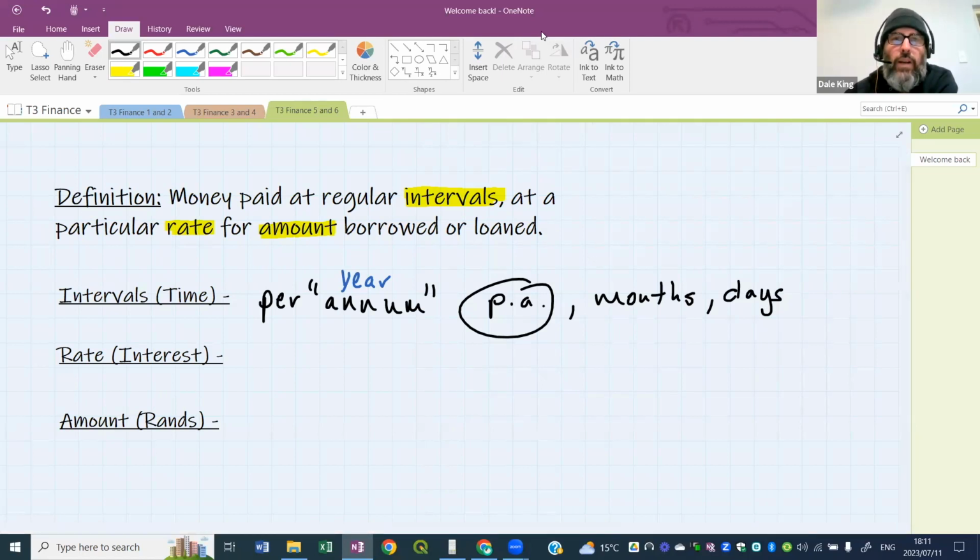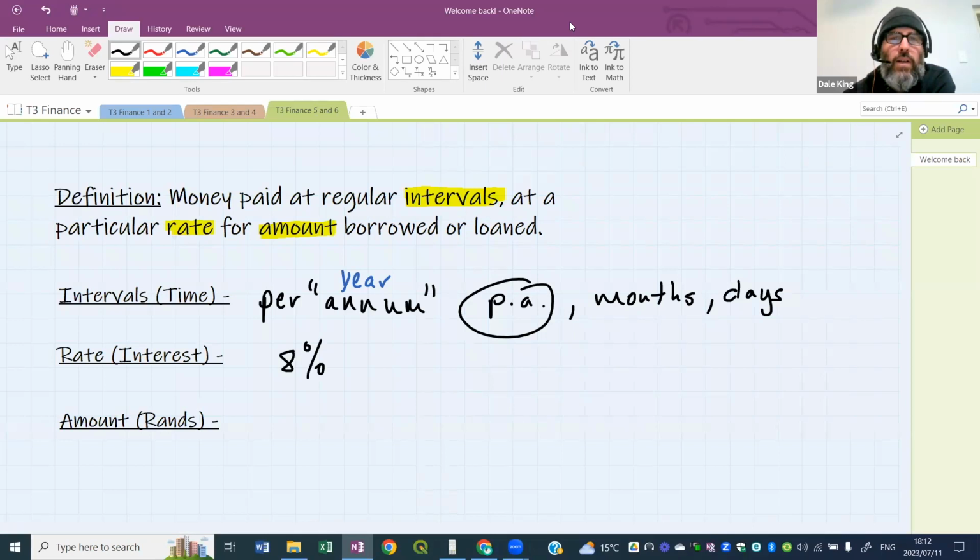All right. Now, let's look at the second word there, rates. Now, this is the interest rate. If I said to you, the interest for money borrowed is 8%, who can tell me, is that 8% an interest rate? Yes or no?